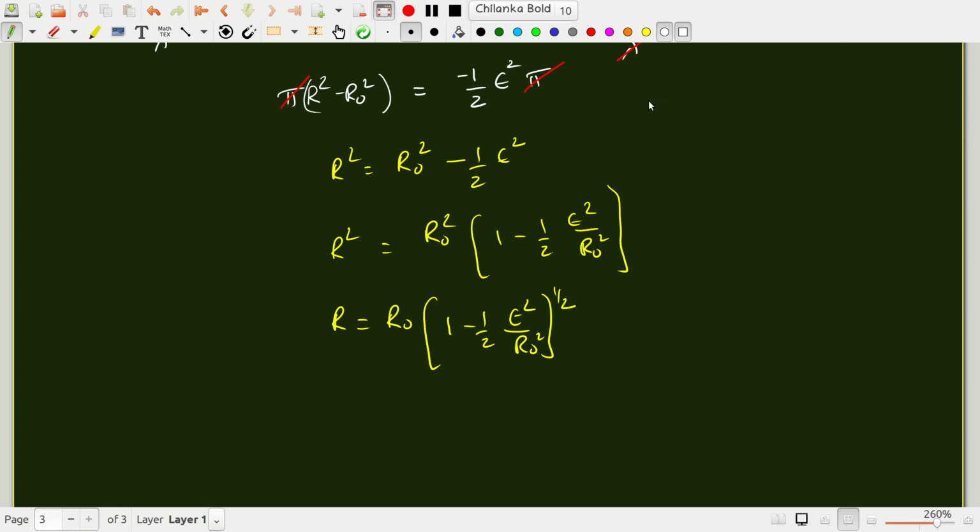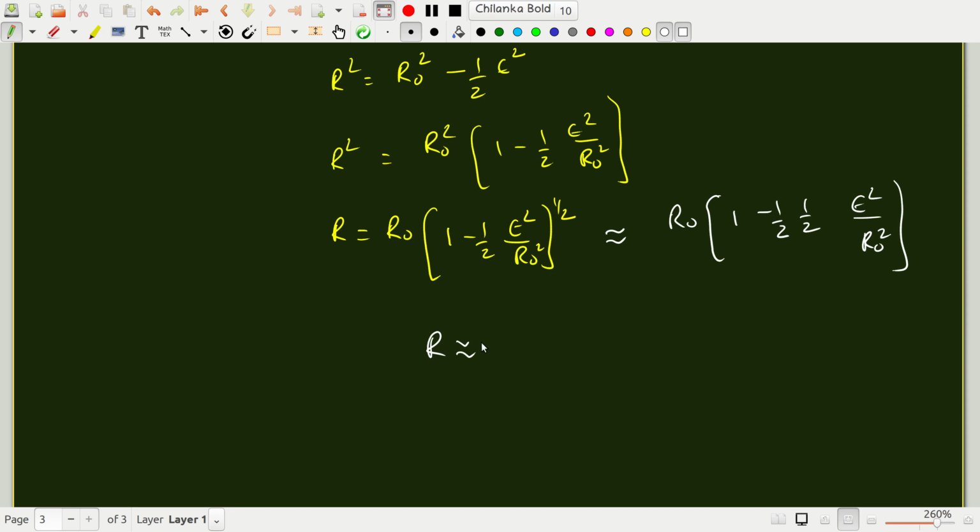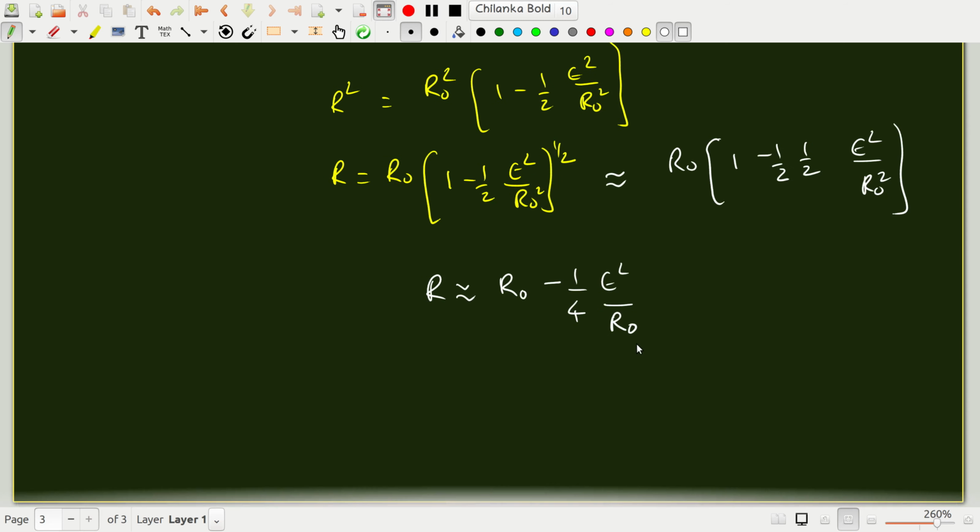Because this is a small quantity, I can approximate it as r naught times 1 minus half, one more half from the square root, epsilon squared by r naught squared, or r is approximately r naught minus 1 by 4 epsilon squared by r naught, because I'm multiplying, so that will give you r naught in the denominator.